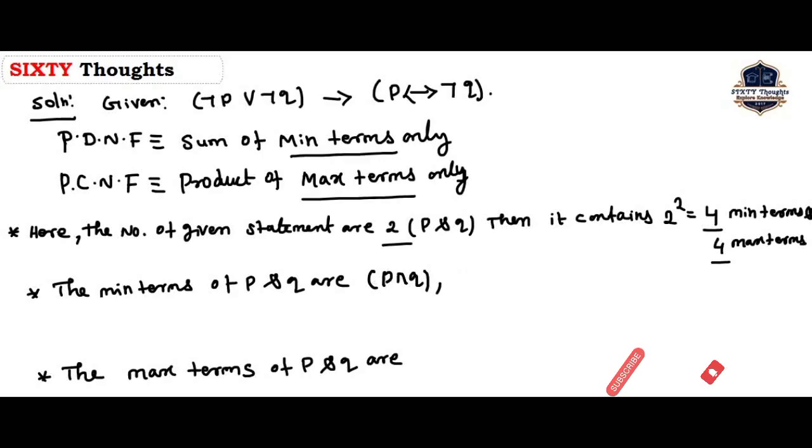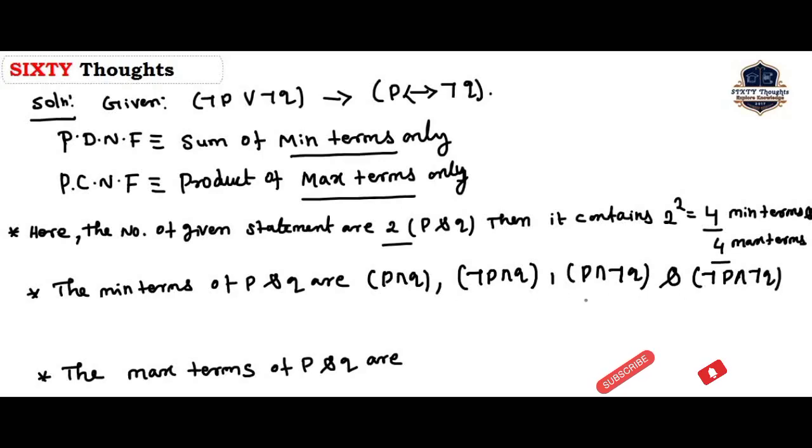I introduce negation here, so we get negation P and Q. Next possibility, I introduce negation here, so we get P and negation Q. Then I introduce negation on both variables, so we get negation P and negation Q. These four terms are called min terms, and each min term contains two variables, P and Q, or their negations.